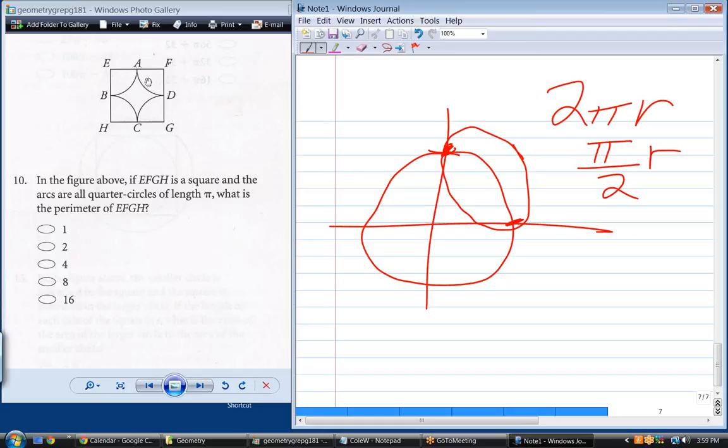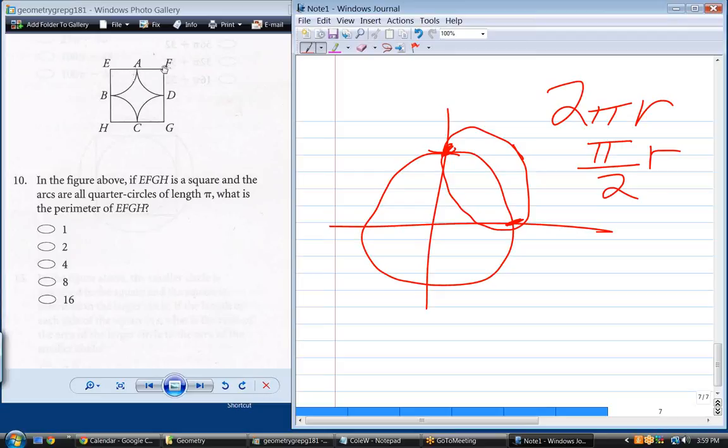So the radius of that circle must be 2. In other words, if I draw a line from there to there, it's 2. And since all radiuses are equal, that's 2.